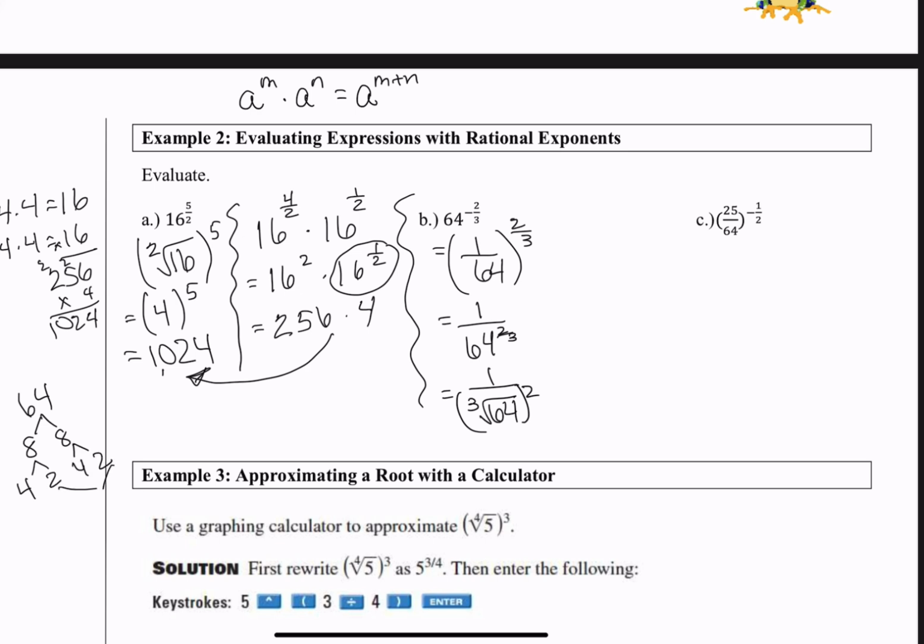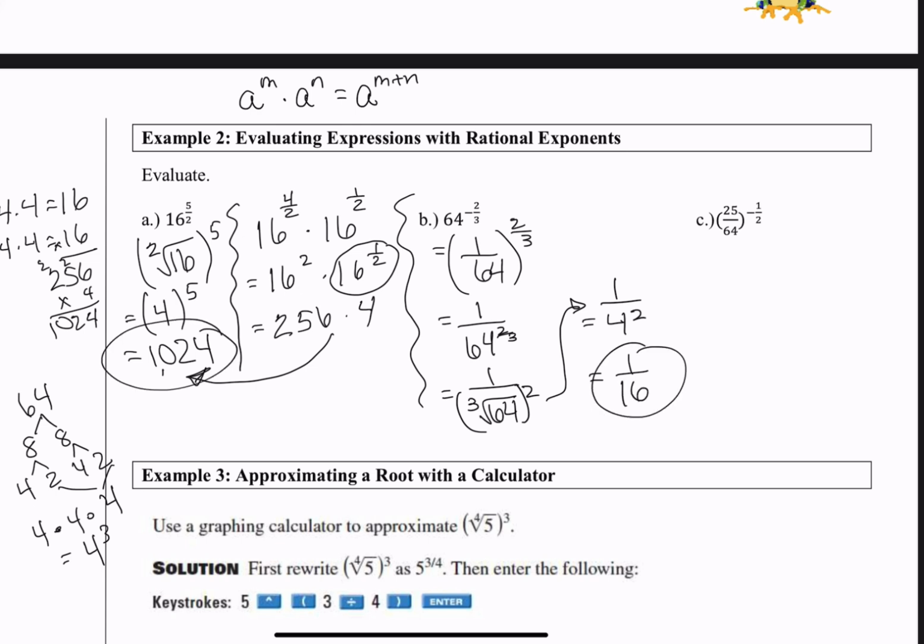Notice these two 2's become a 4. So I actually have 3 4's. So 64 is 4 cubed. Maybe you already knew that. All right, so then I'll have 1 over the cube root of 64 will be 4, and then I'll have to square that. Or in other words, 1 over 16. Or I should circle my answer back here.